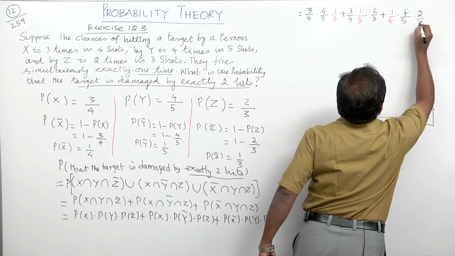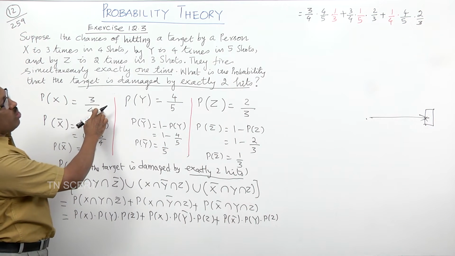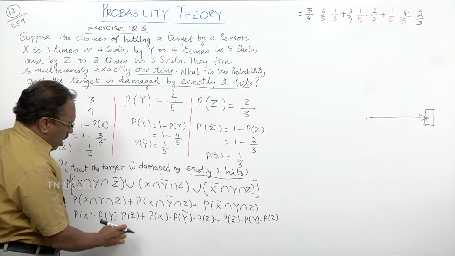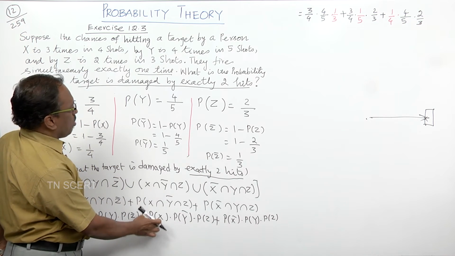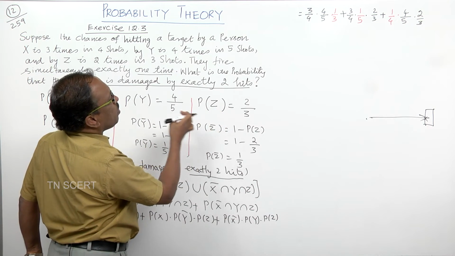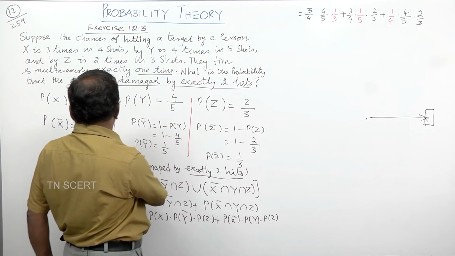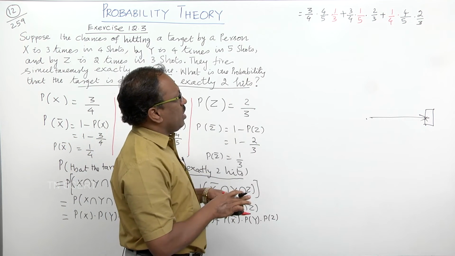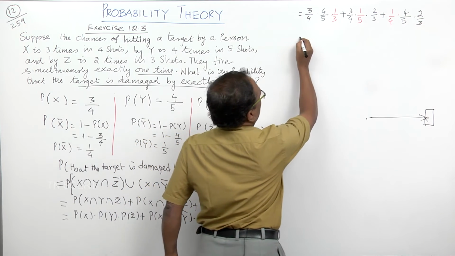Let me check: P of X is 3 by 4, P of Y is 4 by 5, that is correct, and P of Z bar is 1 by 3. P of X is 3 by 4, P of Z is 2 by 3, P of Y bar is 1 by 5, and P of X bar is 1 by 4, P of Y is 4 by 5 and P of Z is 2 by 3. You have to do the simplification. With that the problem is simple and easy.